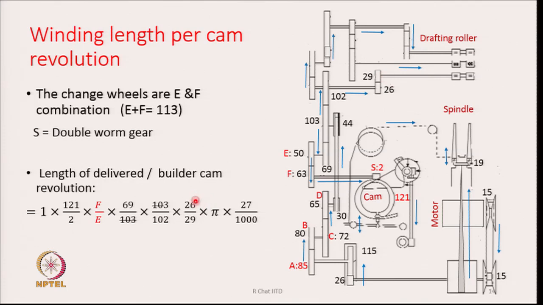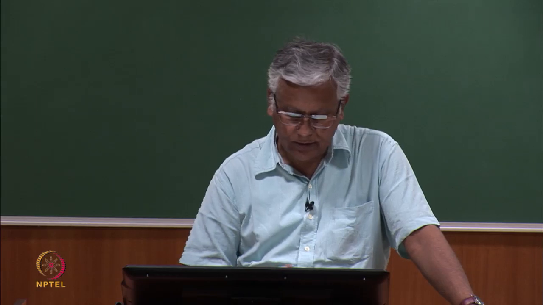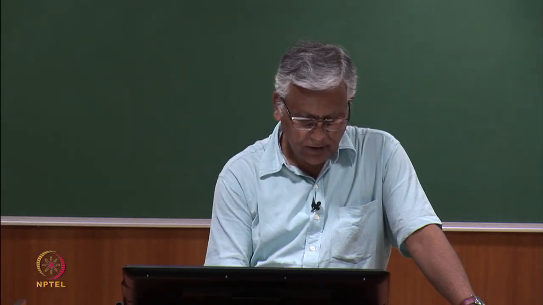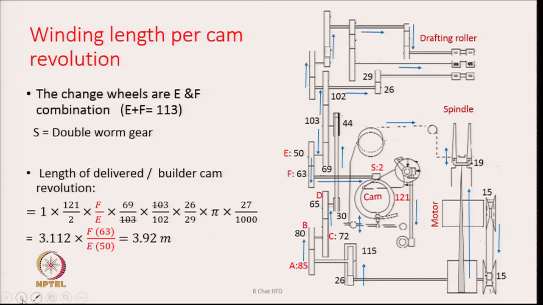So, this will give you the revolution of the front roller, multiplied by pi into d, and then expressed in meters will give you the length delivered by the front drafting rollers. For a given situation, where F we have chosen as 63 and E as 50, we get a figure of 3.92 meters, close to 4 meters.